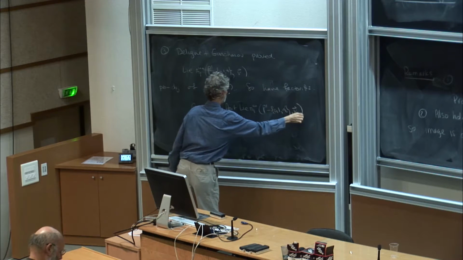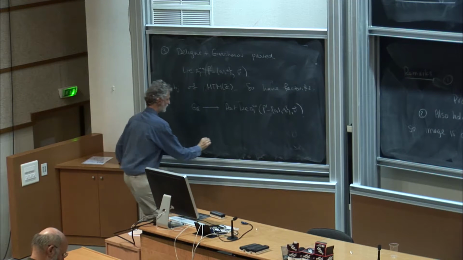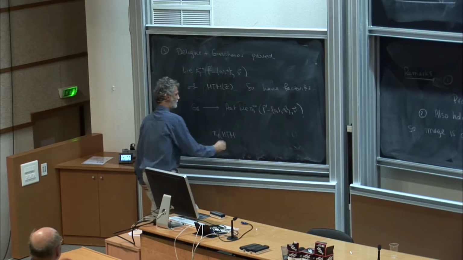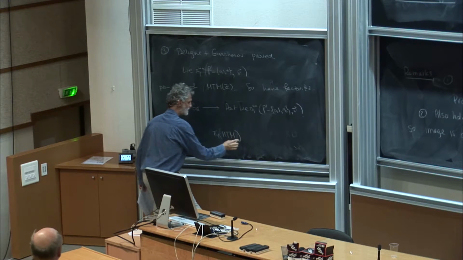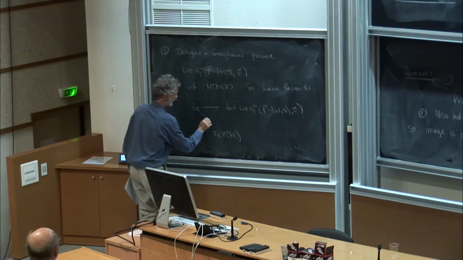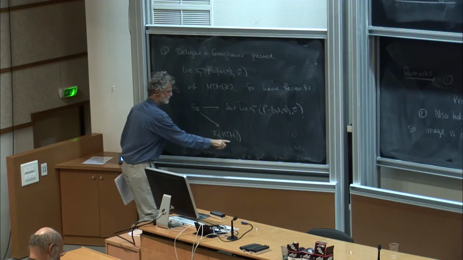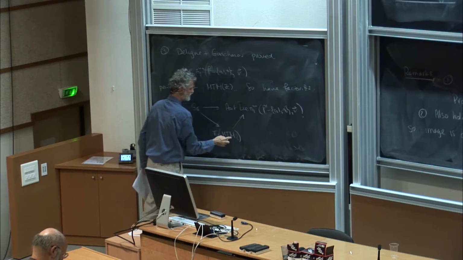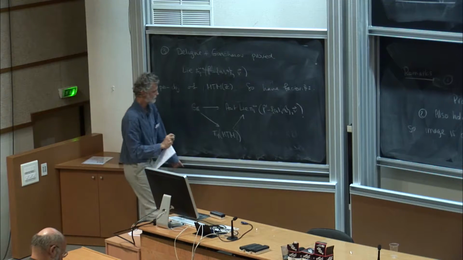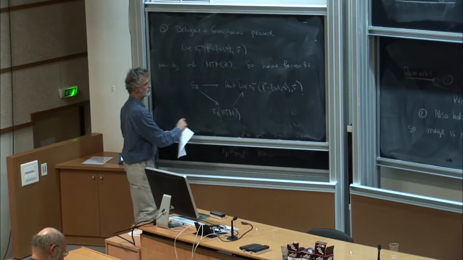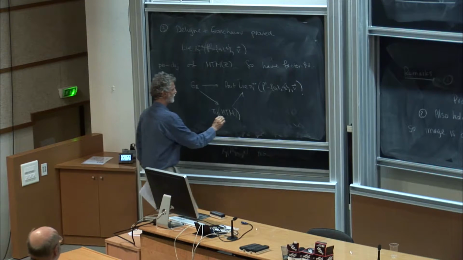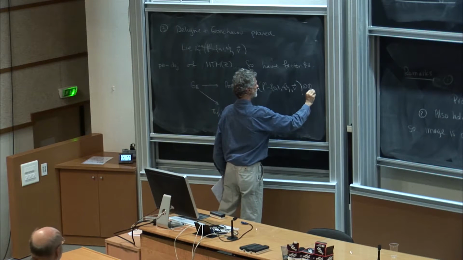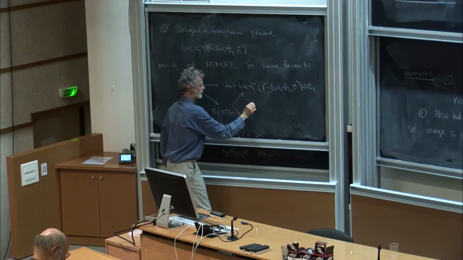Mixed Tate motives over Z, I'll choose a suitable fiber functor. This factors through here. So this is a representation of the fundamental group of the category of mixed Tate motives, and I should put tensored with Q_l here, and this was tensored with Q_l, but this is in fact defined over Q.